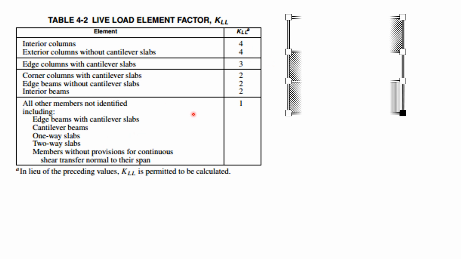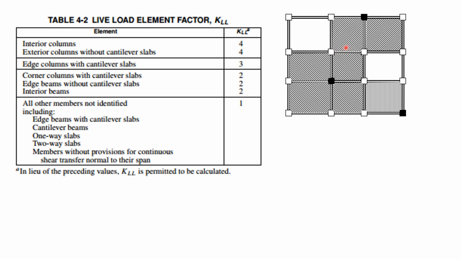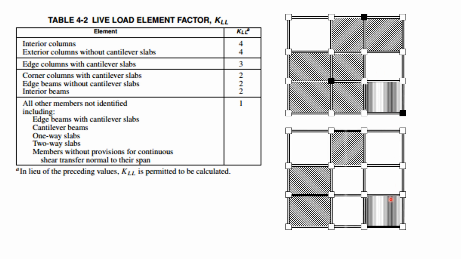And we have here the influence area. We have here the edge supporting member, the interior supporting member, and the corner supporting member. That's for columns, and this is for beams: edge supporting member, interior supporting member, and corner supporting member.